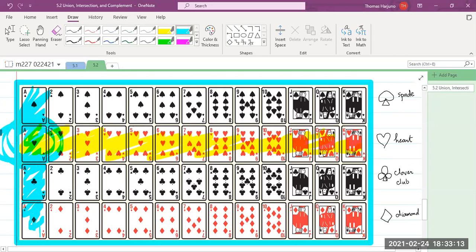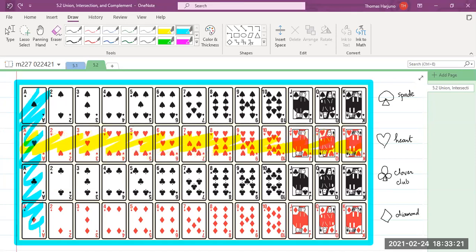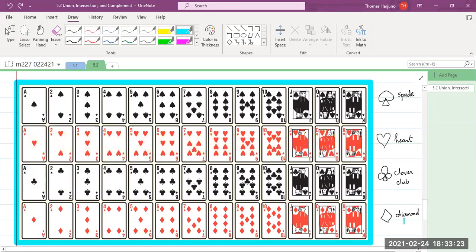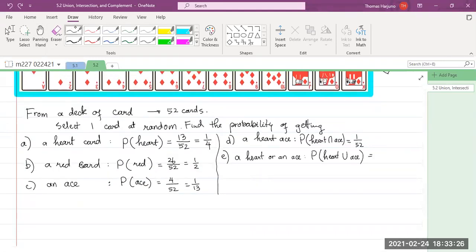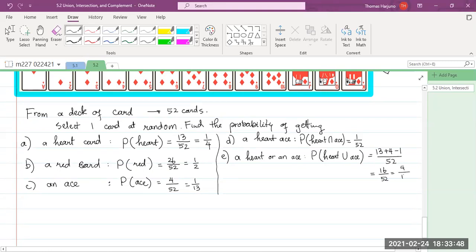So the probability of getting ace or heart will be just 16 over 52. Technically, let me write it this way: 13 heart cards plus 4 ace cards minus one double counted. Does it make sense? That's 16 over 52. If I reduce by 4, that's 4 out of 13.